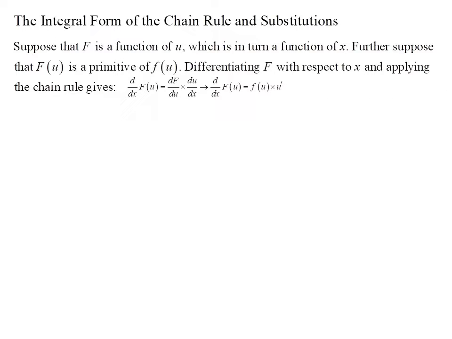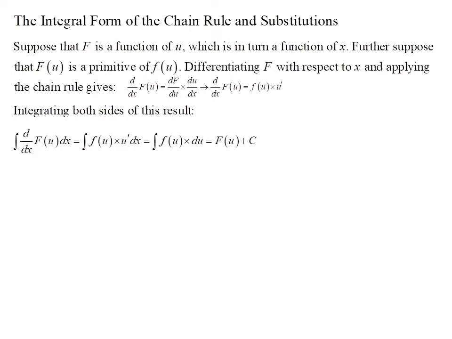Hence, differentiating the primitive function F(u) with respect to x and applying the chain rule gives d/dx of F(u) equals dF/du times du/dx. So d/dx of F(u) equals f(u) times u'. Then we integrate both sides of the above equation, which gives the integral of d/dx of F(u) dx equals F(u) + c.